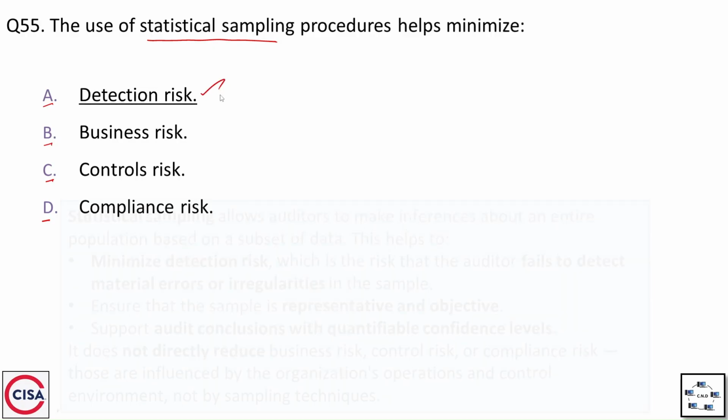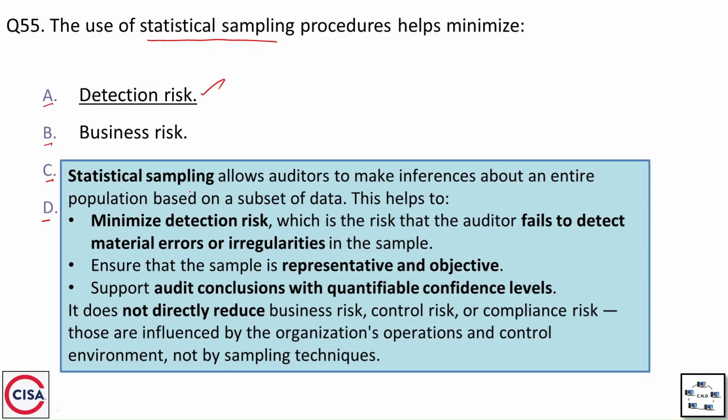Option A, detection risk. Statistical sampling allows auditors to make inferences about an entire population based on a subset of data. This helps to minimize detection risk, which is the risk that the auditor fails to detect material errors or irregularities in the sample.